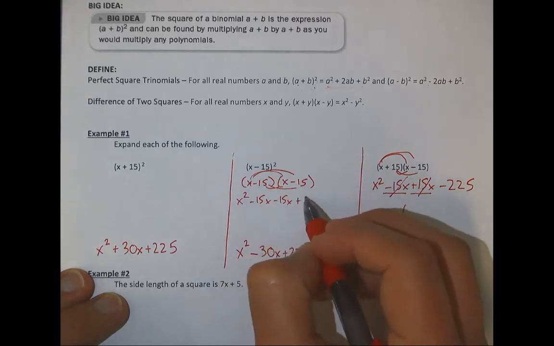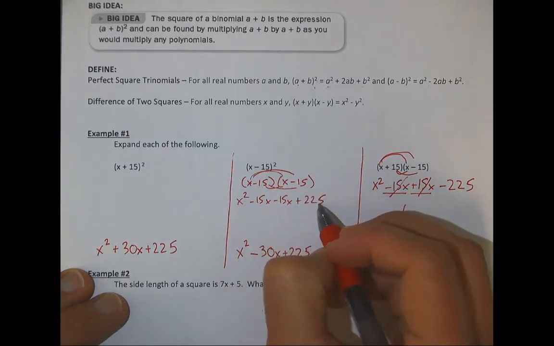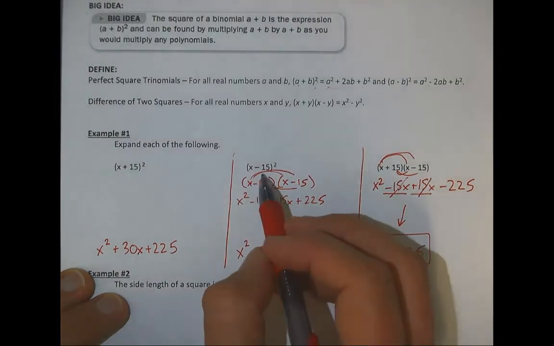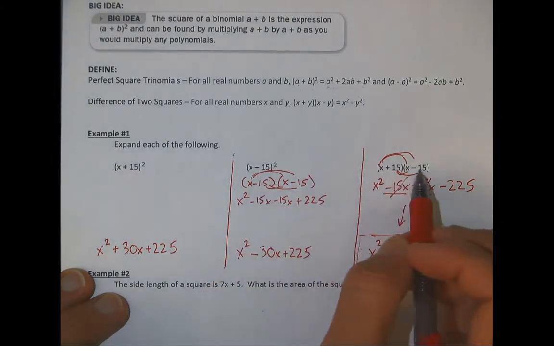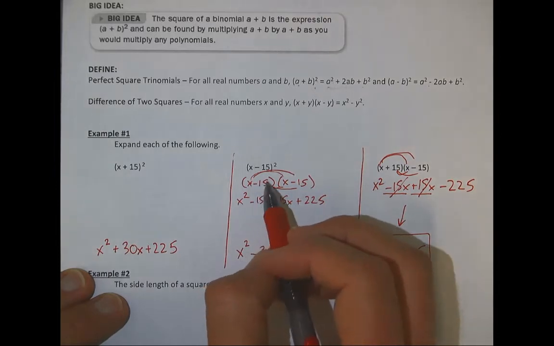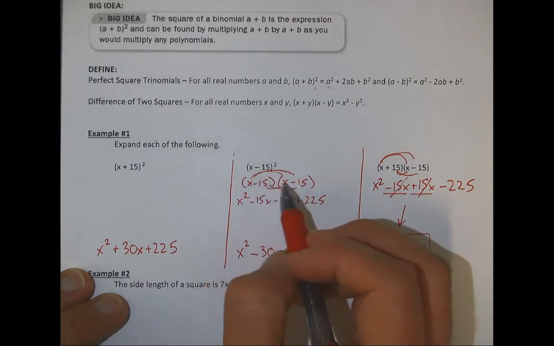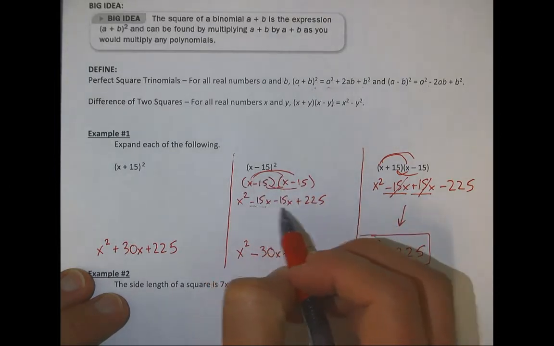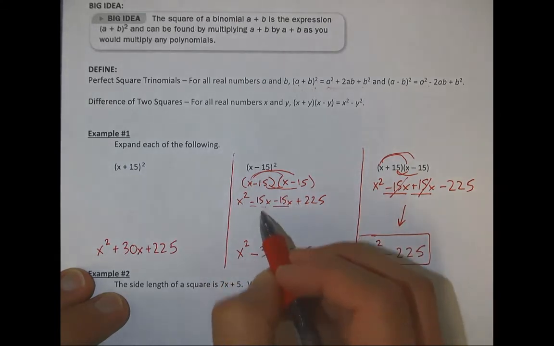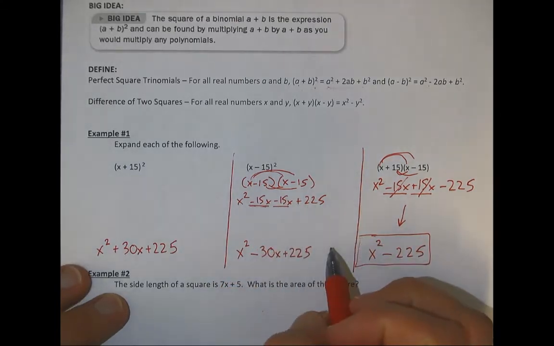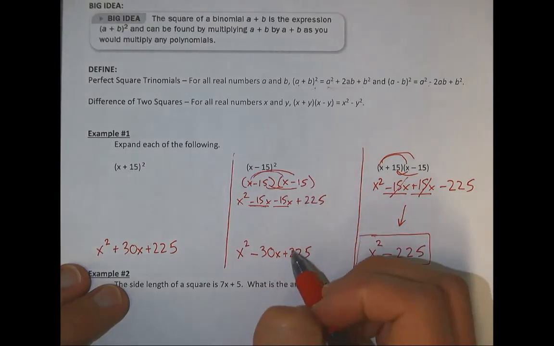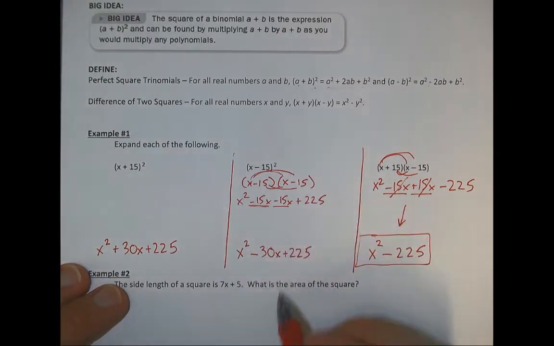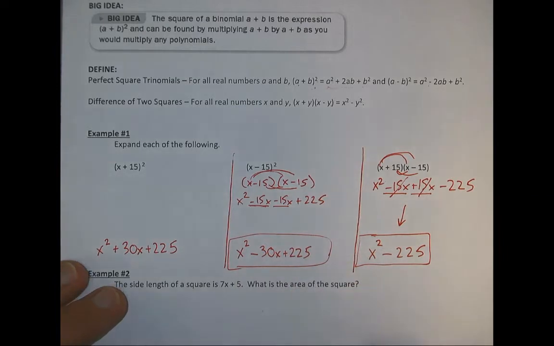And this is a positive 225. So you can see in this case, because it's not a positive and a negative, it's a negative and a negative, each time this negative 15 gets multiplied by an x. So I end up with two negative 15x's. That's why you add them together to get the negative 30x. Plus 225 is here, x squared is here. So we end up where we're supposed to.